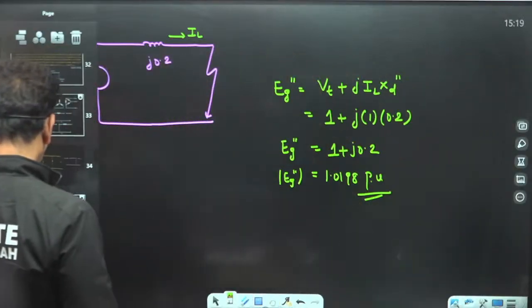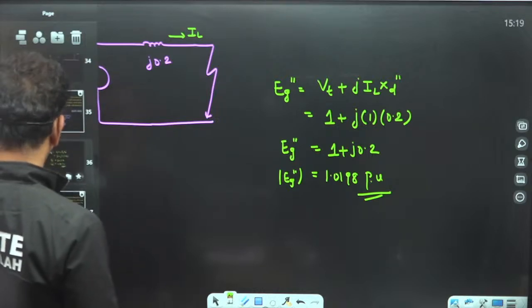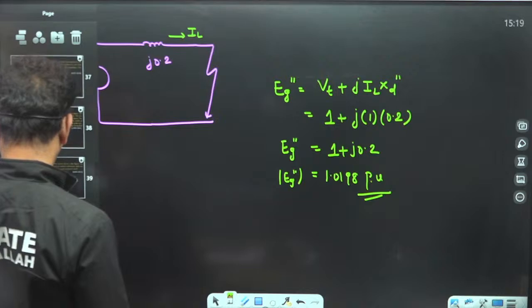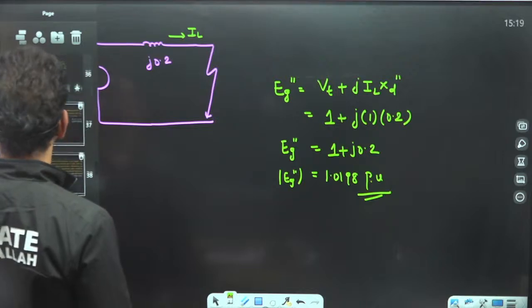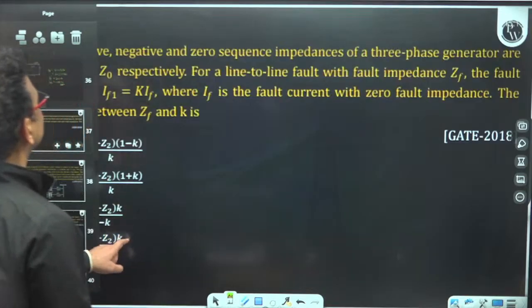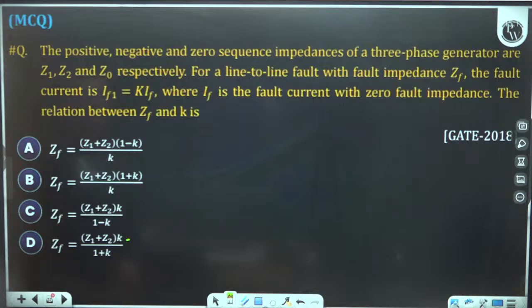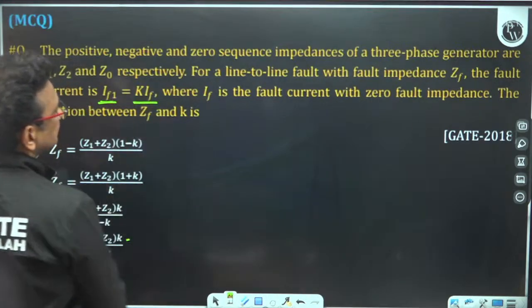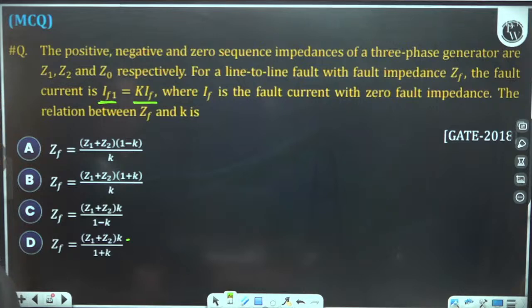Now, this question. The positive, negative and zero sequence impedances of the three-phase generator are Z1, Z2 and Z0 respectively. For a line-to-line fault with fault impedance ZF, the fault current is IF1, which is K times IF, where IF is the fault current with zero fault impedance.